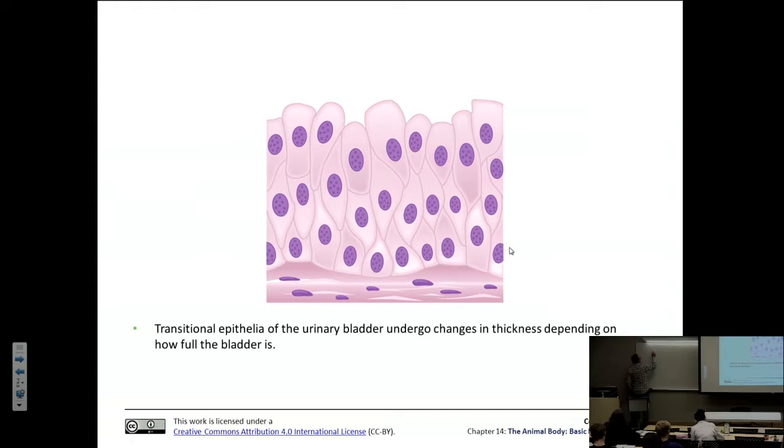It's going to be the presence of what's called a matrix. The cells of the connective tissue are going to make the matrix material. This is easiest to understand in things like cartilage, ligaments, bone.